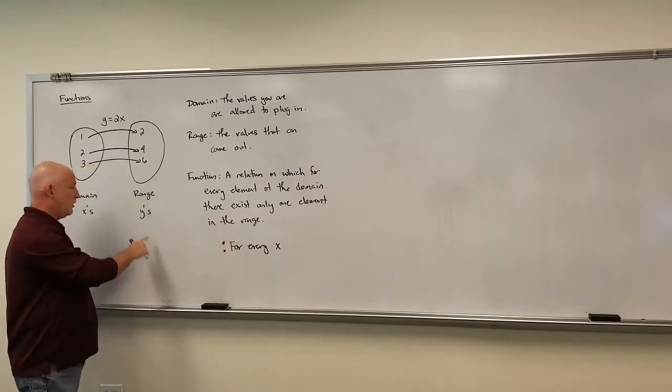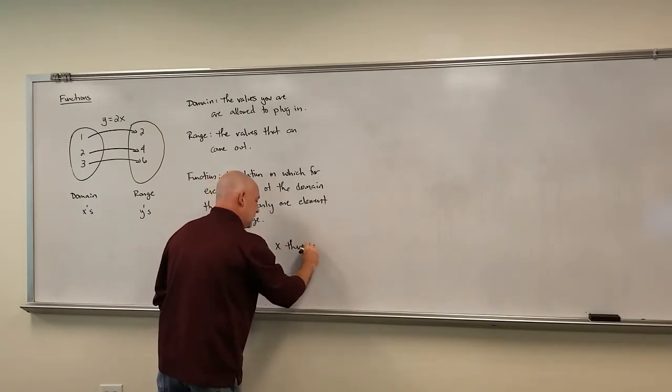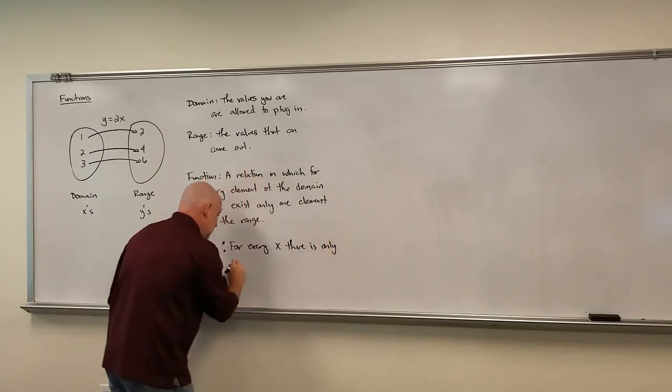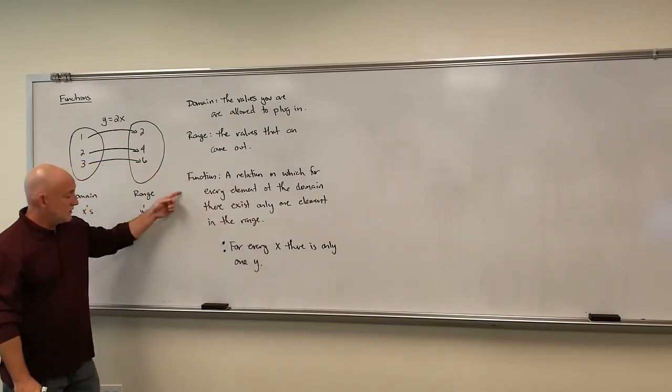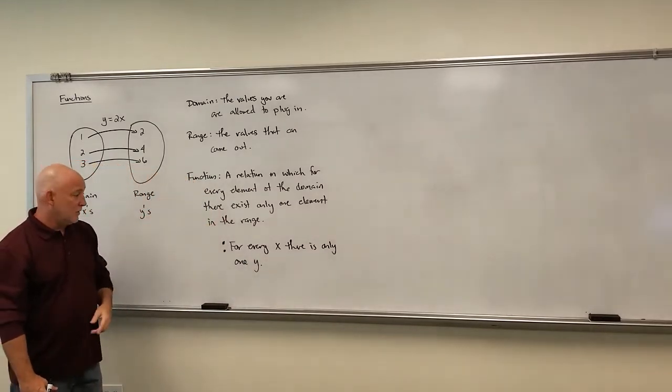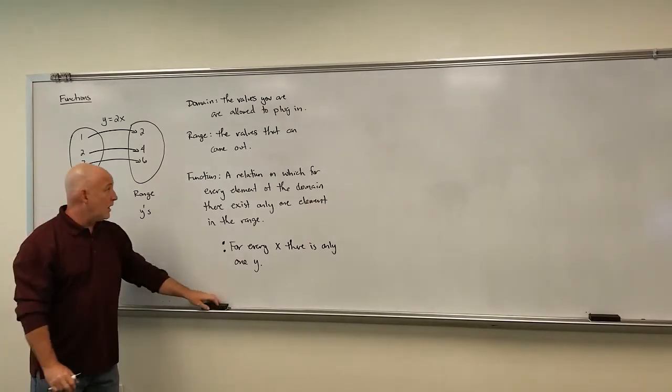Well, we generically call those y. So for every x, there is only one y. So kind of a scary sounding sentence, but that's really all that it means. It means that for every x that you plug in, you only get one y value out.